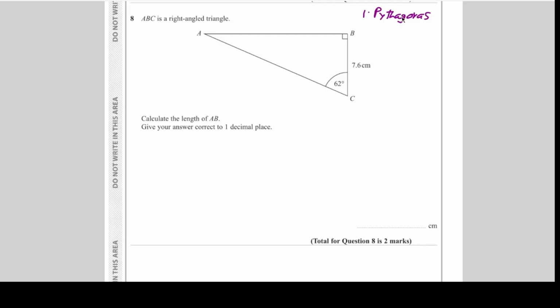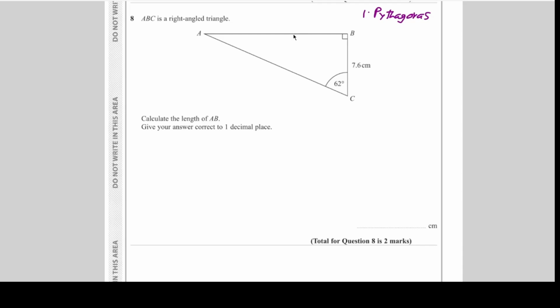There should be 2 sides involved. So there are 2 conditions to apply Pythagoras theorem: first, there should be a 90-degree triangle, and the other, 2 sides should be given. Then you can apply Pythagoras theorem to figure out the other side.